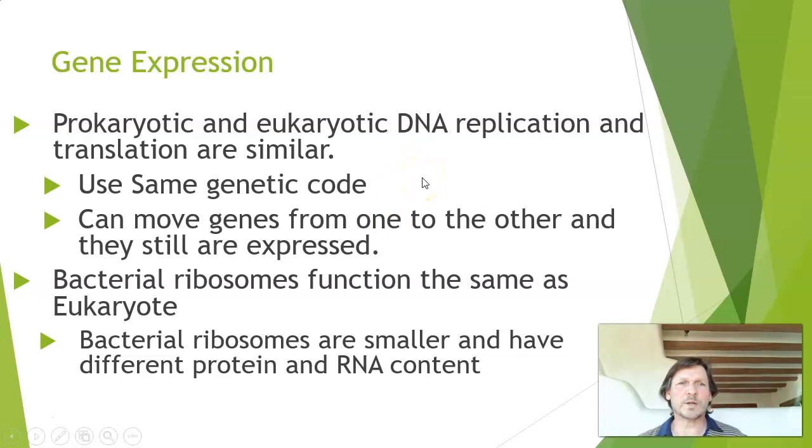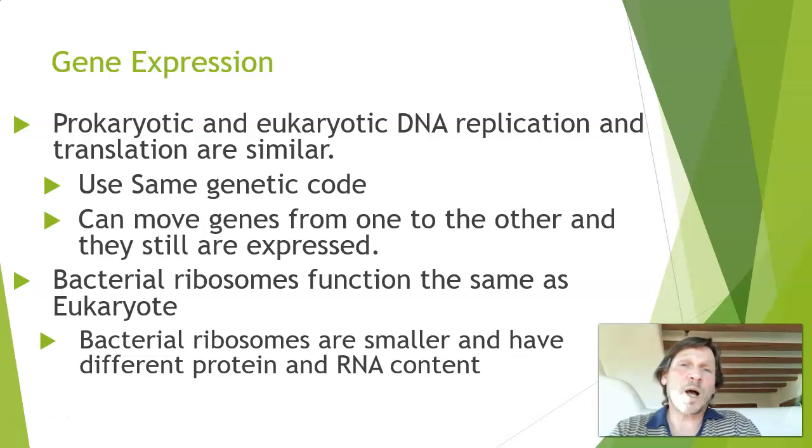Okay, I want to point out that the gene expression is the same. So when we're talking about transformation, it's used a lot in genetic engineering. And so the plasmids are the same from one bacteria to the other, right? But the genetic code, right, the genes are the same from eukaryotes to prokaryotes. And so that's why you can take a prokaryote gene, like a bacterial gene, and insert it in a plant. And so you may hear about GMO corn.